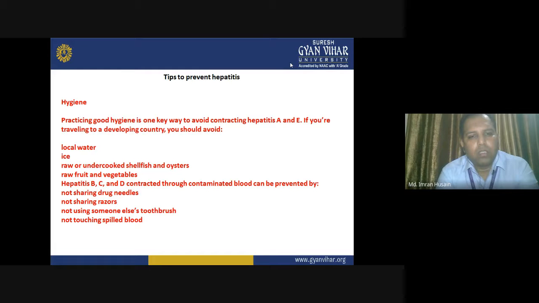Hepatitis B, C, and D contracted through contaminated blood can be prevented by not sharing drug needles, not sharing razors, not using someone else's toothbrush, not touching spilled food.